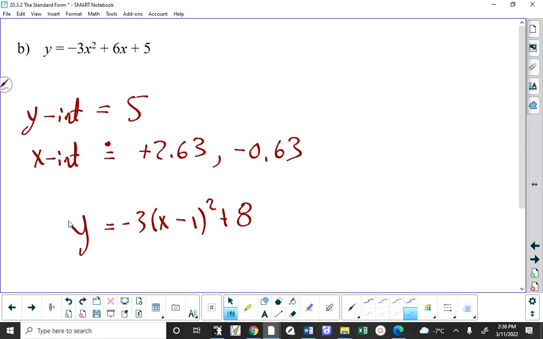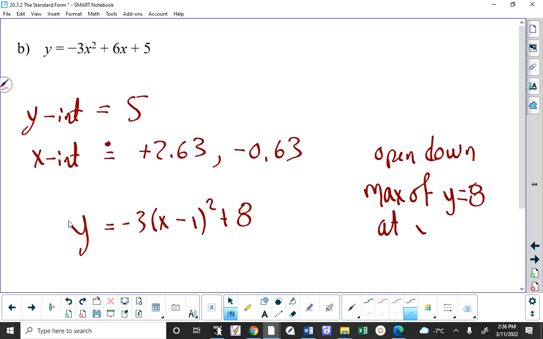You can tell me everything about this parabola. It opens up. No, it opens down. There's a max of y equals 8 at x equals 1. I don't even think we need to look at the graph to understand this at this point in time.